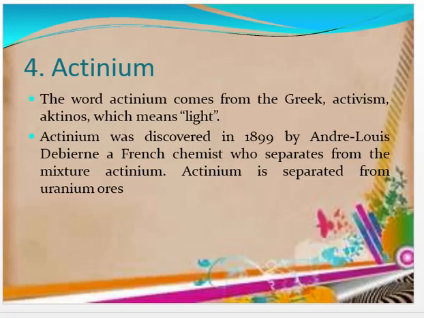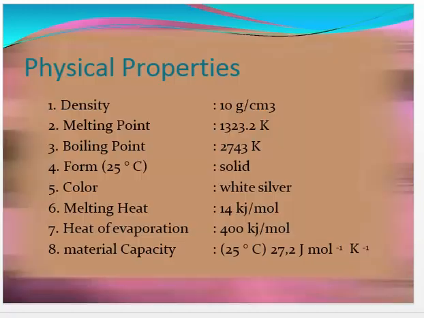Actinium is separated from uranium ores. About the physical properties, you can see in our slide: density, melting point, boiling point, the state is solid, the color is silvery white, heat of fusion, heat capacity.